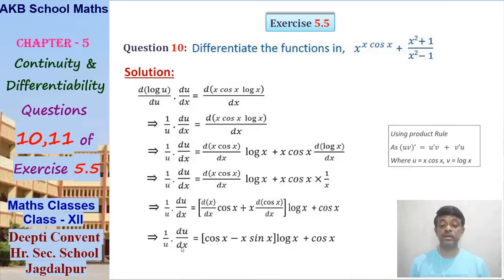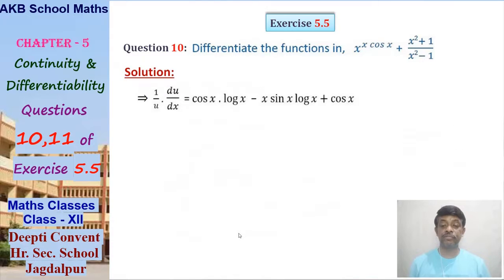Now here du by dx, take u to the right hand side. Then (cos x log x minus x sin x log x) plus cos x, multiplied on the right hand side. Now like this, cos x log x plus cos x minus x sin x log x.